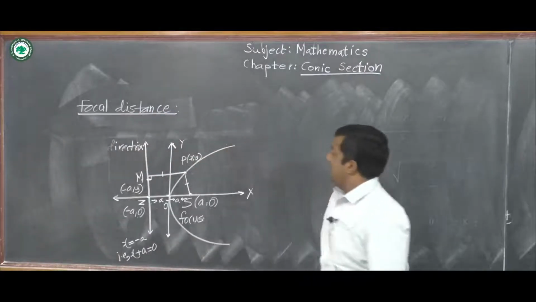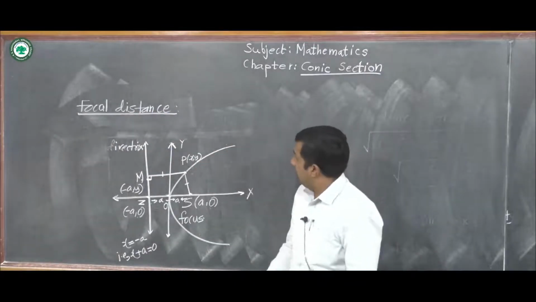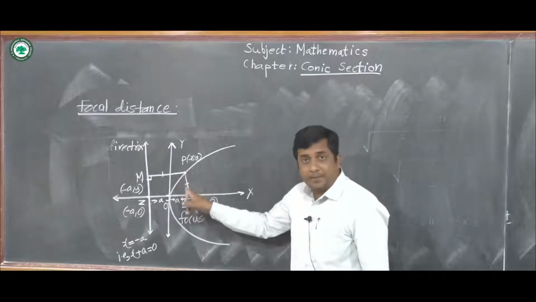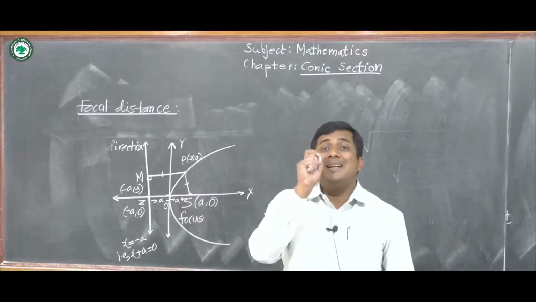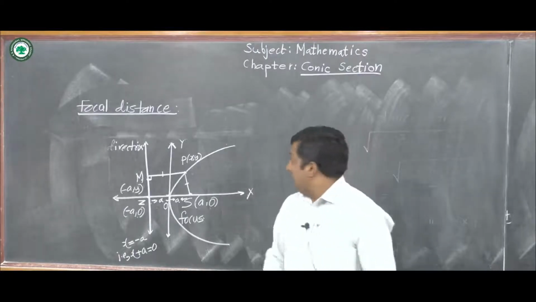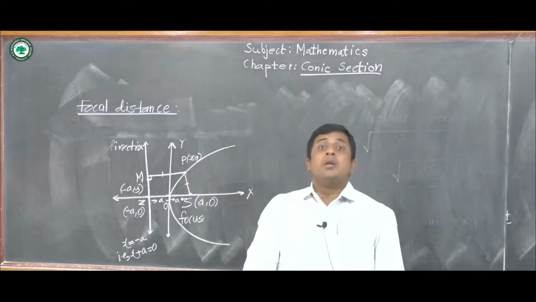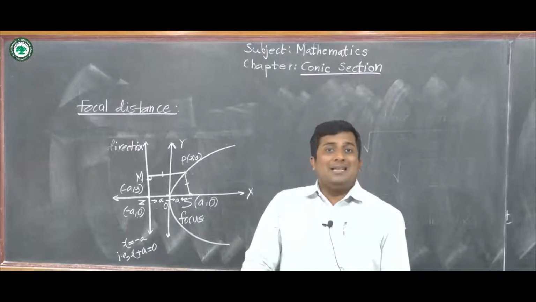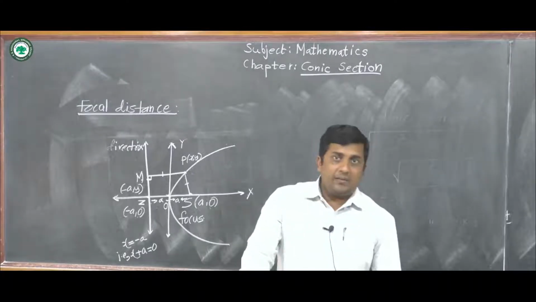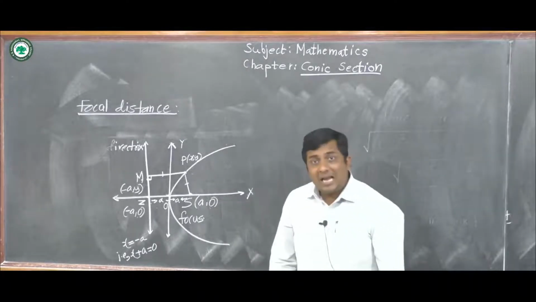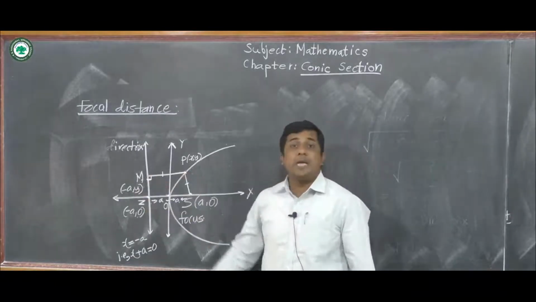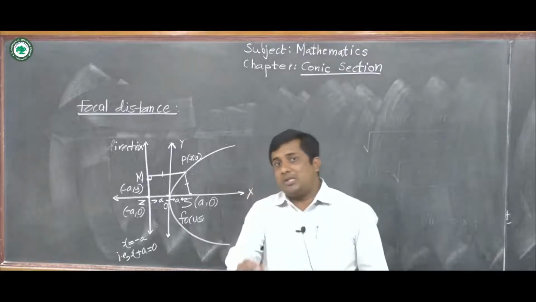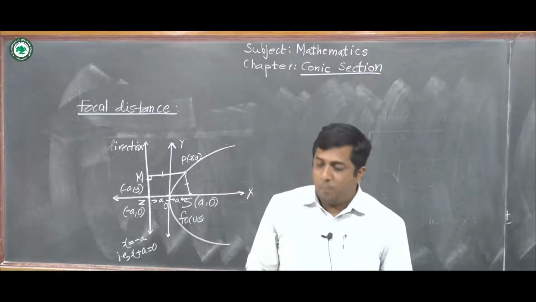In this figure, the distance SP is called the focal distance. To define the focal distance, again we have to consider the distance between SP and PM, that is, the focus directrix property.